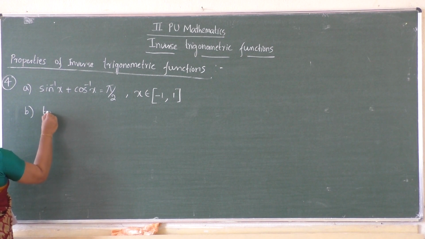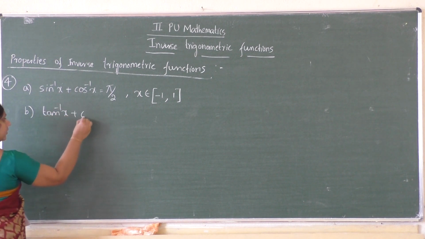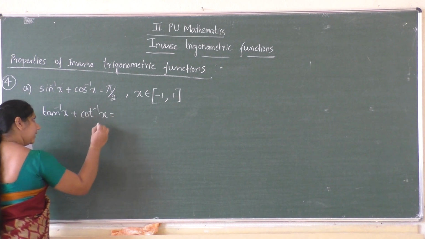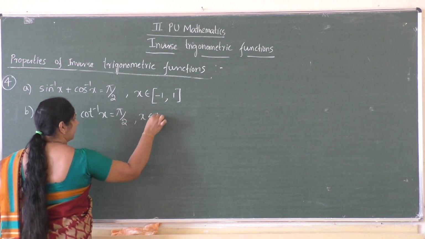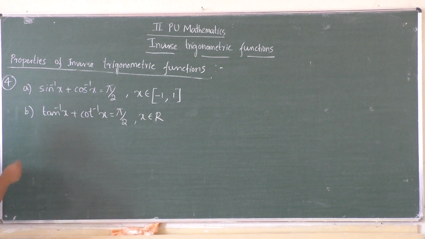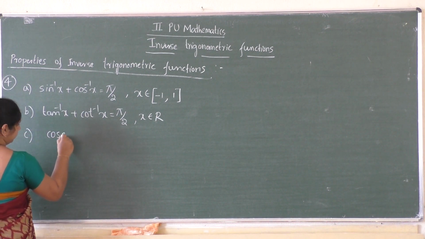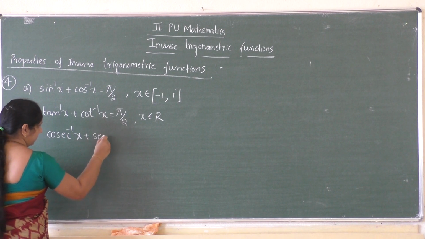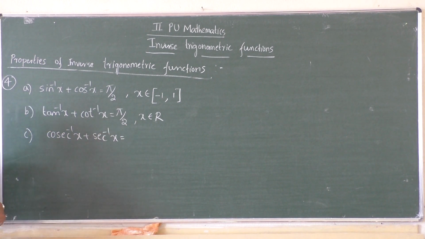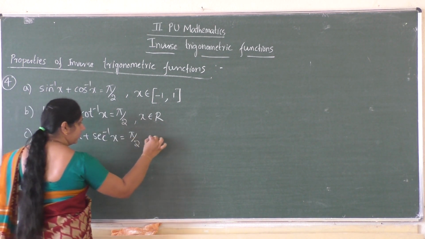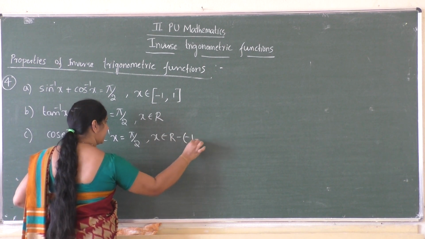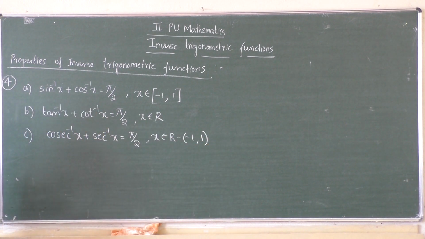Second one, tan inverse x plus cot inverse x equal to pi by 2, where x belongs to R. And third one, cosec inverse x plus sec inverse x equal to pi by 2, where x belongs to R minus open interval -1 to 1. So these are the fourth set of properties.